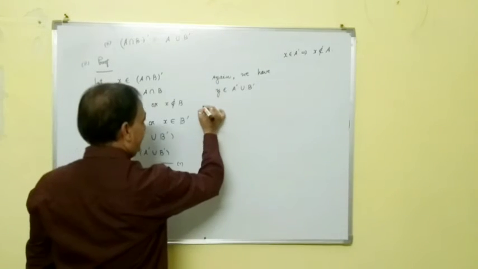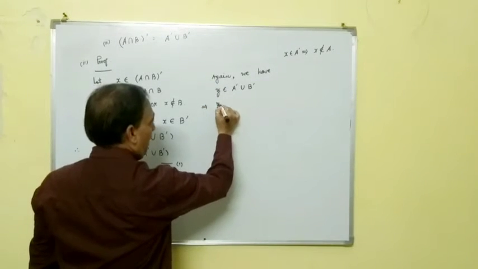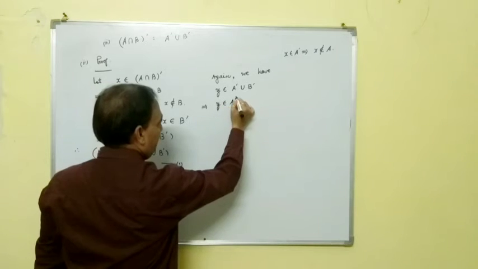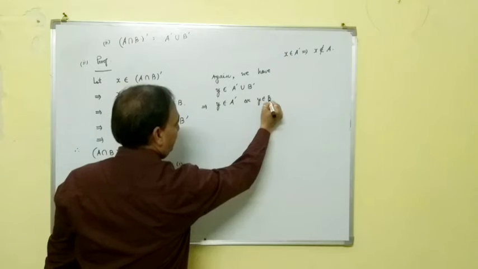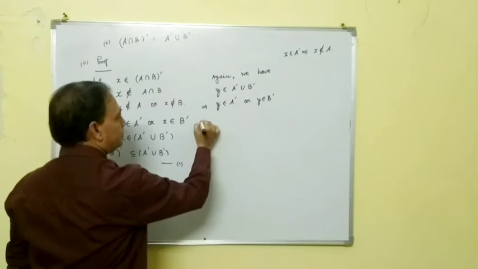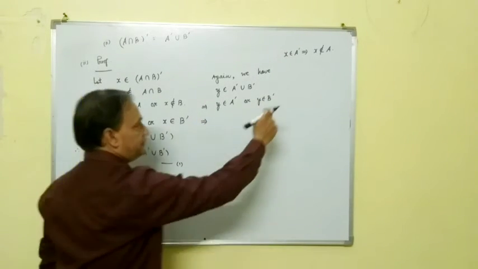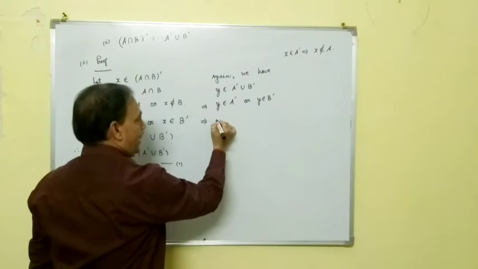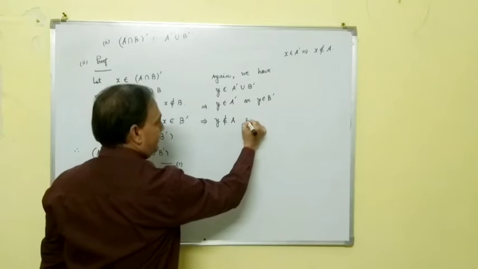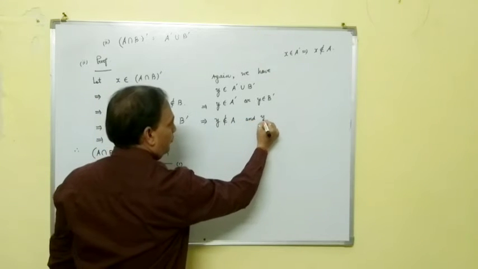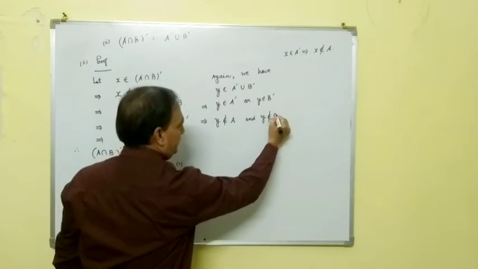This means that Y belongs to A complement or Y belongs to B complement. This means that from here Y does not belong to A and Y does not belong to B.